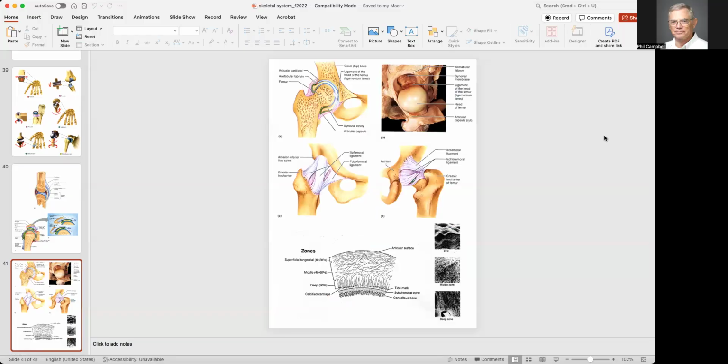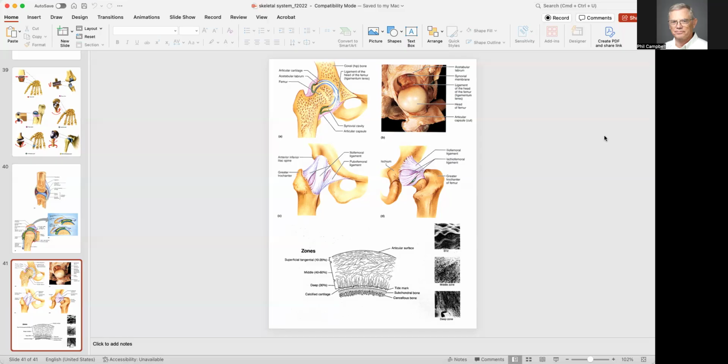So we now move to the femur here. Remember, what's a ligament? A ligament is soft tissue which connects bone to bone. A tendon connects bone to muscle. Remember, we talked about tendons when I was talking about skeletal muscle. So a tendon is bone to muscle, and a ligament is bone to bone.